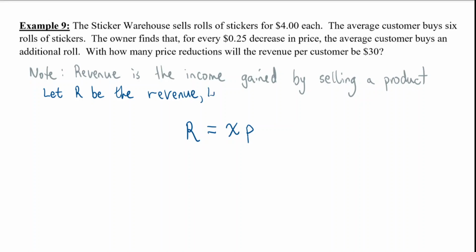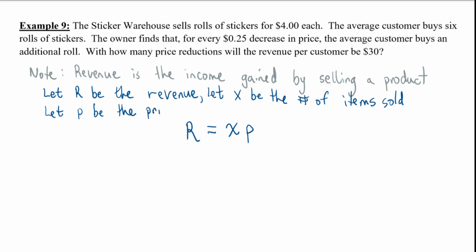Let X be the number of items sold. And we'll let P, little p, be the price per item. And I'm going to create one more variable in a moment, but we'll leave that for now.